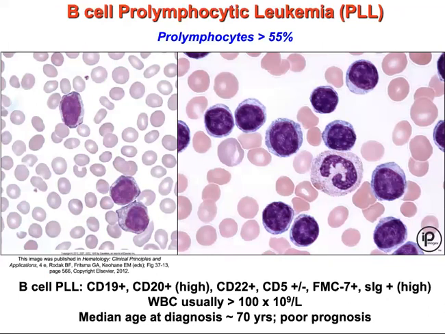There's B-cell prolymphocytic leukemia. This is PLL. It could be B-cell PLL or T-cell PLL. For B-cell PLL, this is rare. It's a rare condition where you see a mature B-cell malignancy.